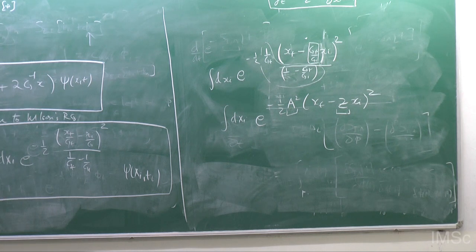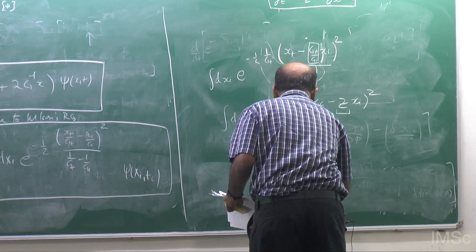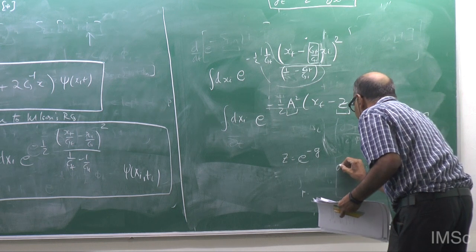The Z was something like e to the power of minus g, and we chose for g the following form.